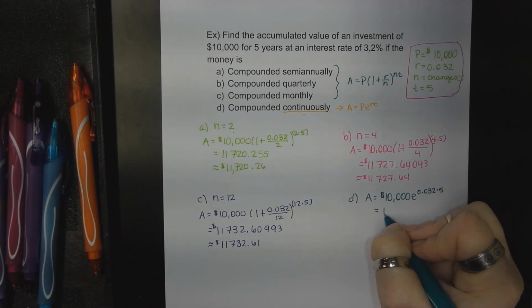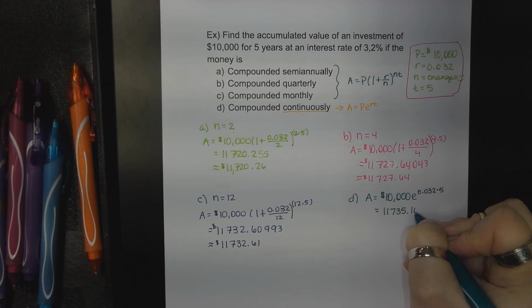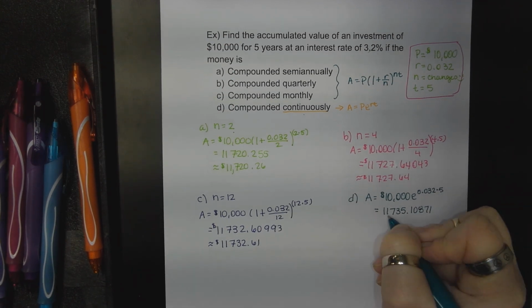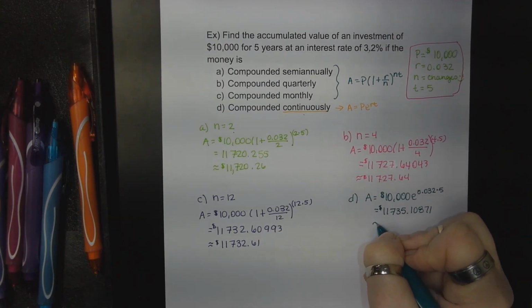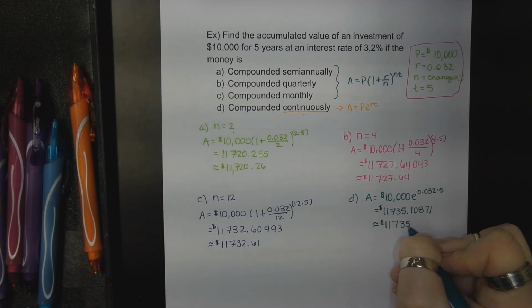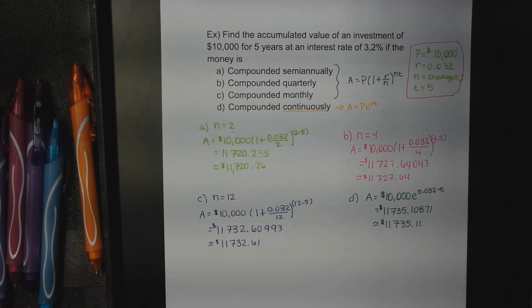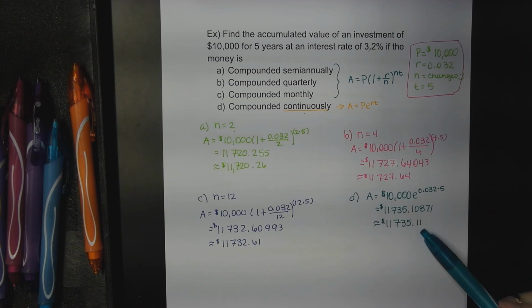So that is going to equal 11,735.10871, and we'll round to $11,735.11. And you can see that when it's compounded continuously, that is the highest amount that we can make.